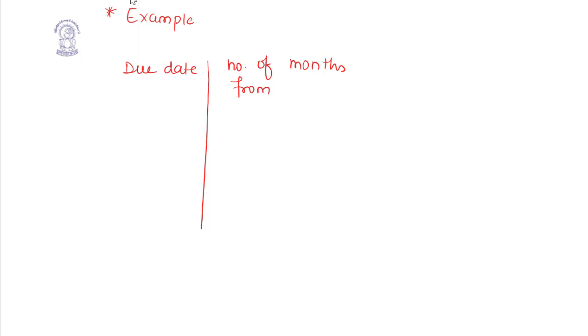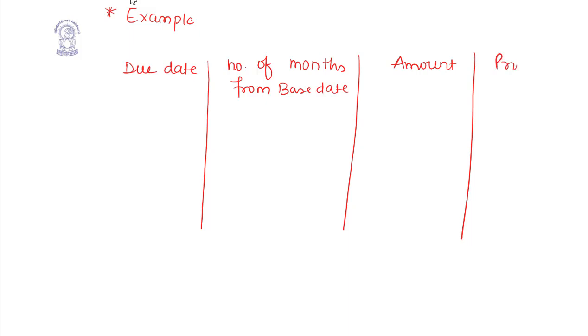Take an example. Due date, number of months from base date, amount, and product.